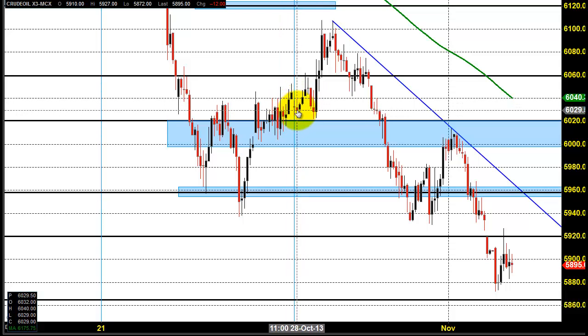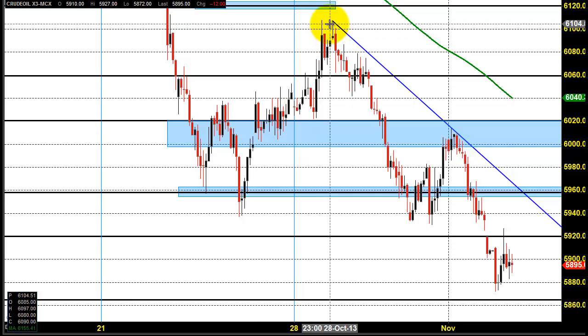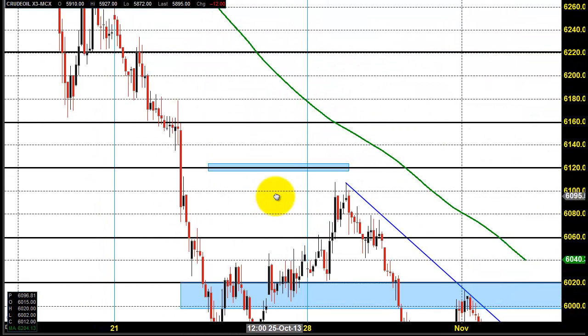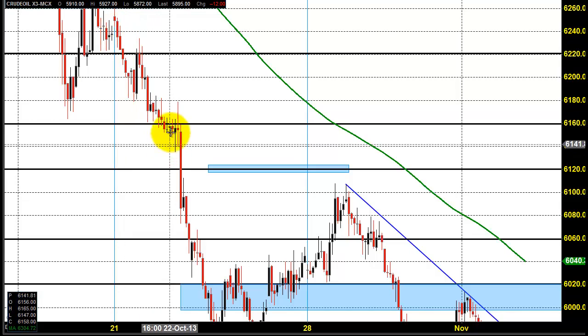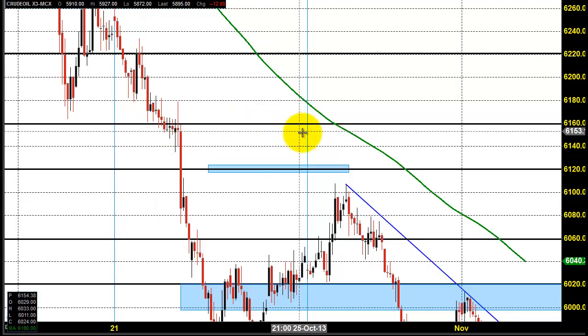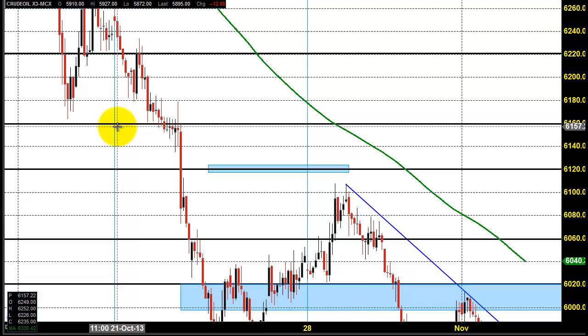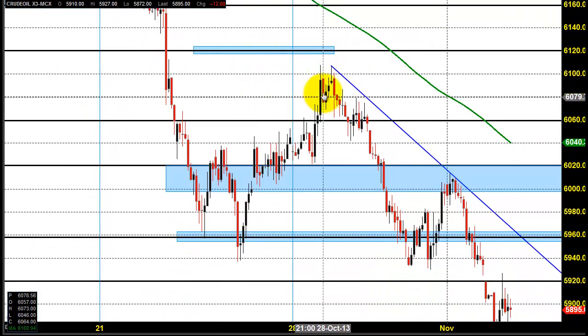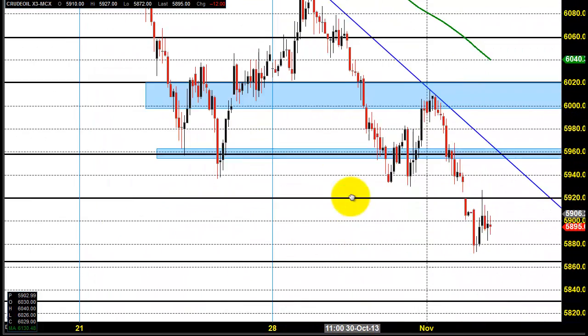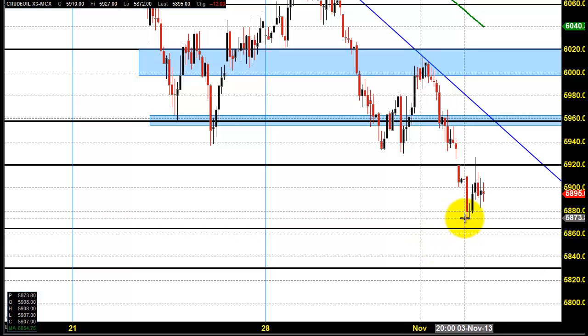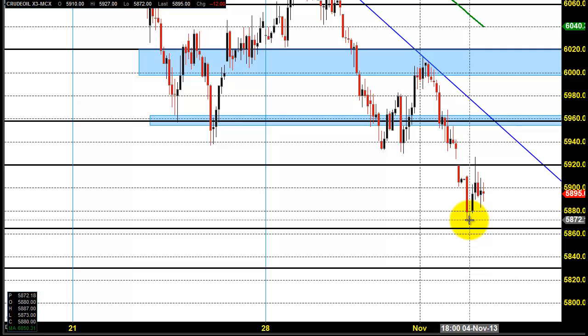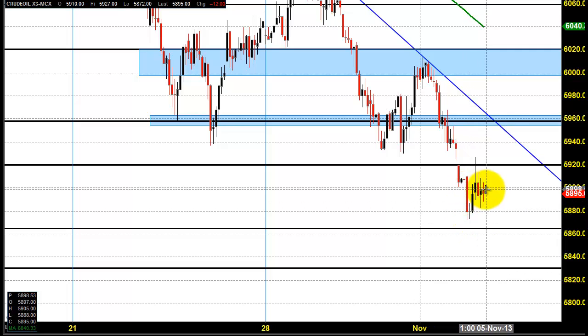It could not create a new high compared to the previous week. You can see all the weeks we had divided with a blue color vertical line. It could not create a new high and the price created a new low. So that happened yesterday. The price created some new low and the price closed.